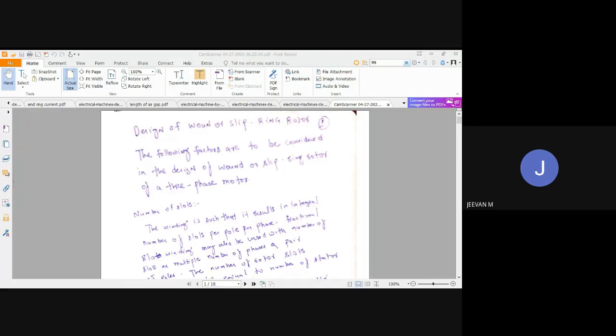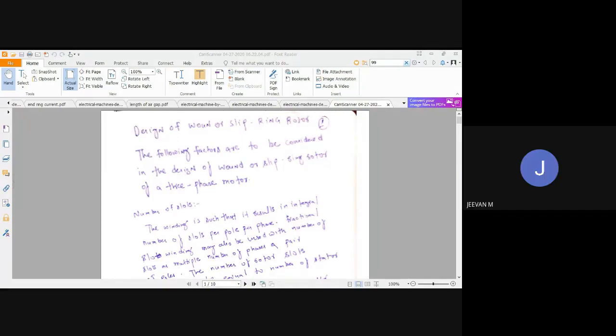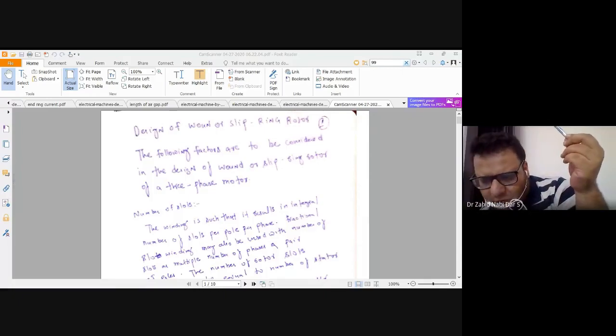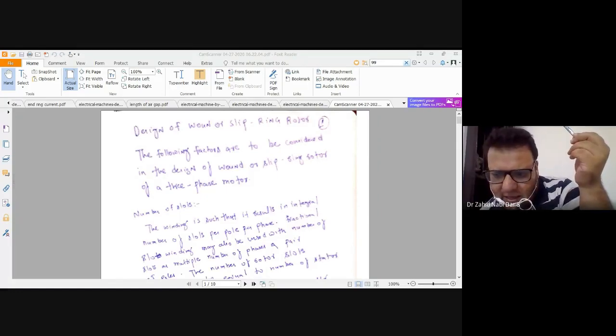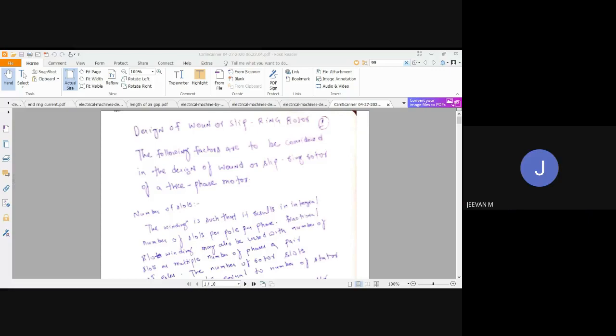Tell me the relationship between your stator voltage and rotor voltage in terms of turns per phase. Suppose ES by ER should be equal to TR by TS or TS by TR. Tell me. TR by TS, sir.